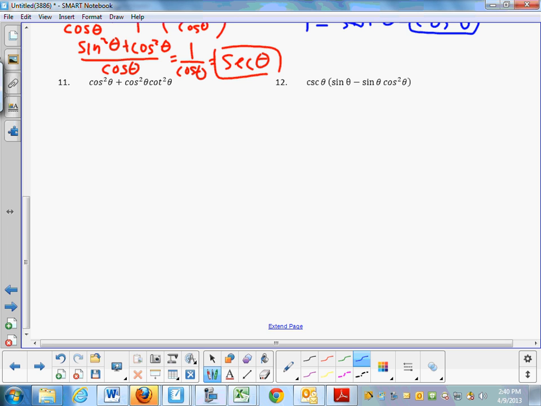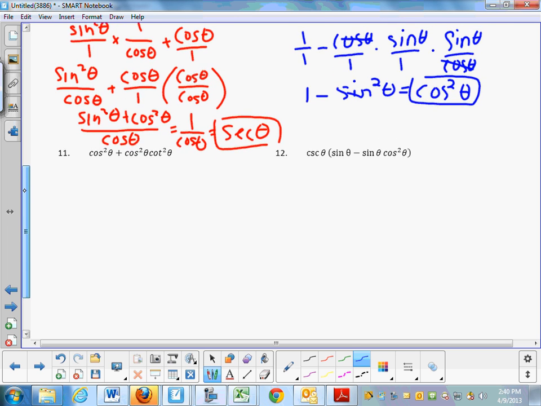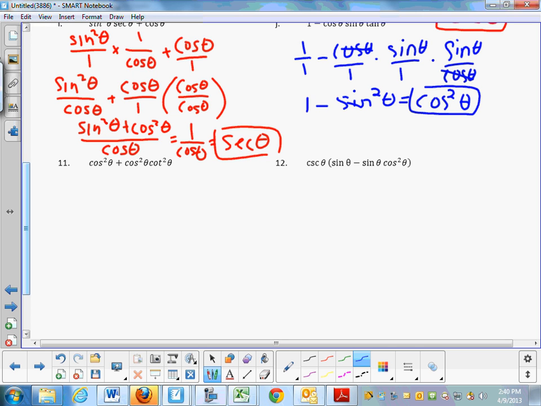Let's try the last two. 11, what do you want to do? Let's factor out a cosine squared. I thought to factor out a cosine squared because if I did, I get a 1 plus cotangent squared. So I saw that as soon as I looked at the problem. And when I saw that, I knew there was something I could substitute for 1 plus cotangent squared: cosecant squared.